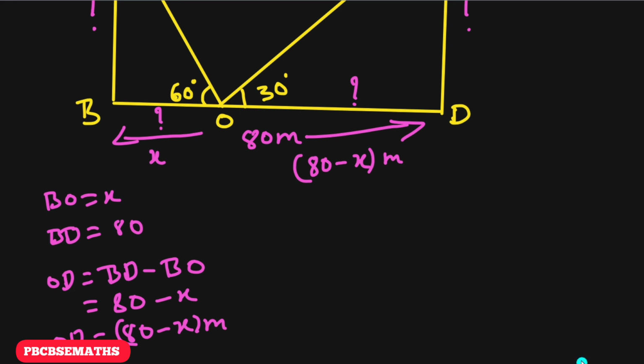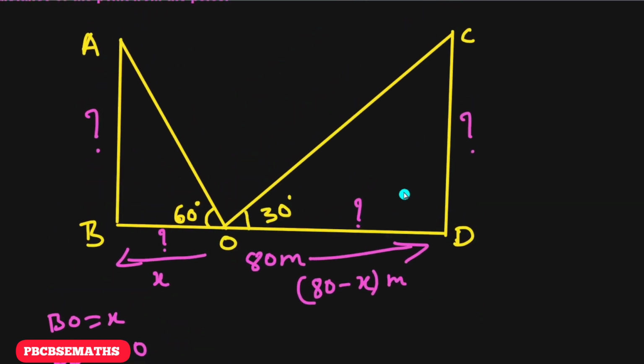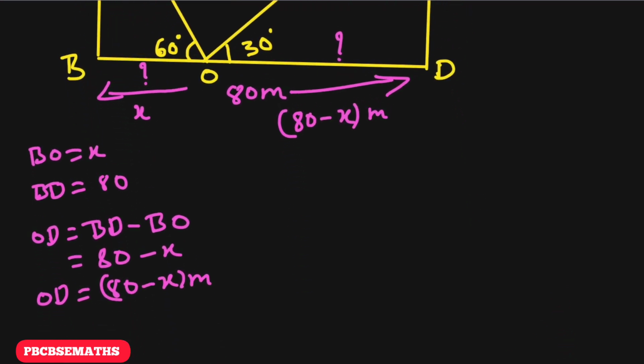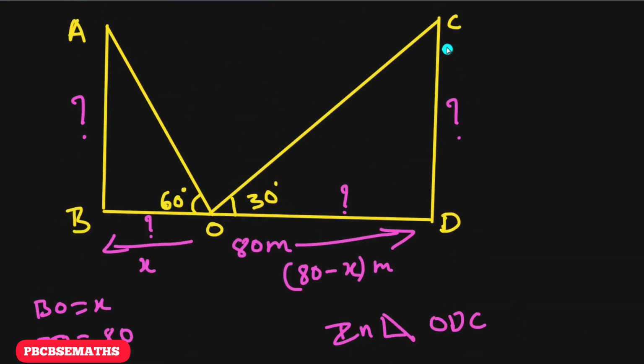Now let's take right angled triangle ODC and let's try to find the value of CD. In right angled triangle ODC, let's consider tan O. For this angle O, the opposite side is CD and the adjacent side is OD.